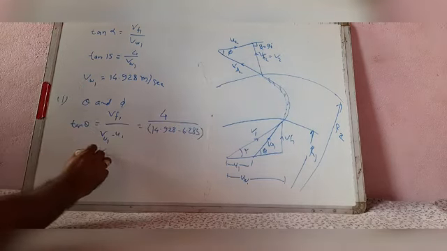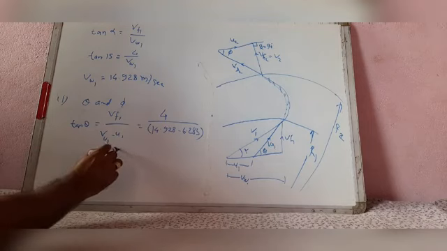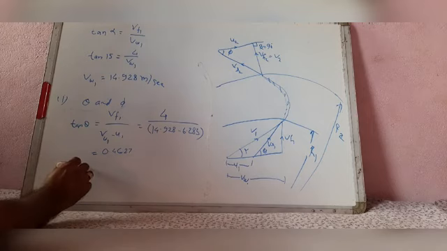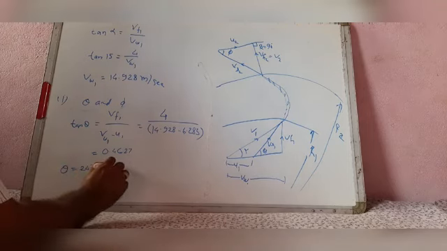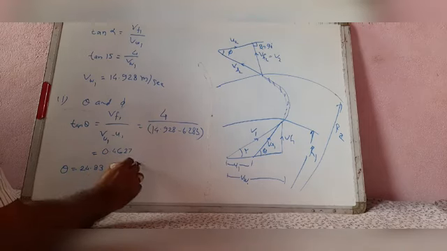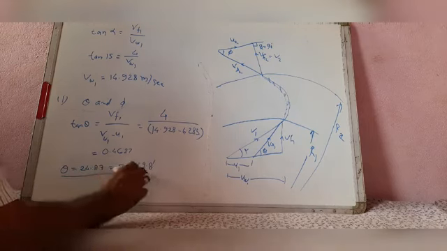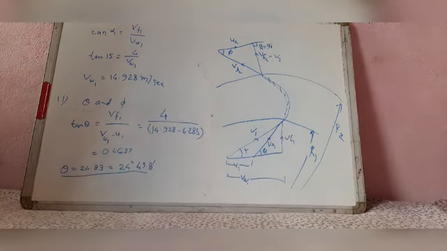This comes 0.4627. So the value of theta comes 24.83 equal to 24 degree and 49.8 minutes is value of theta.